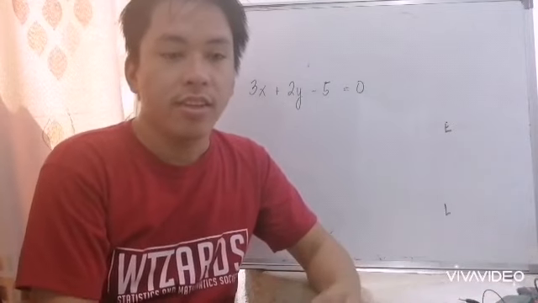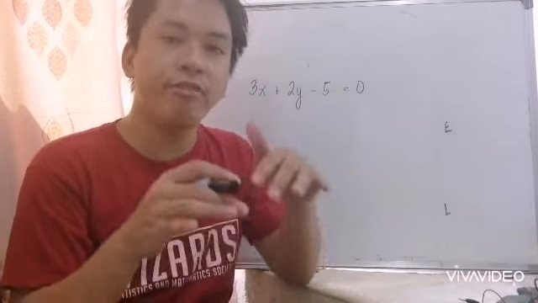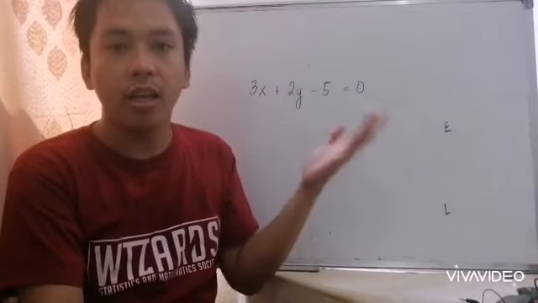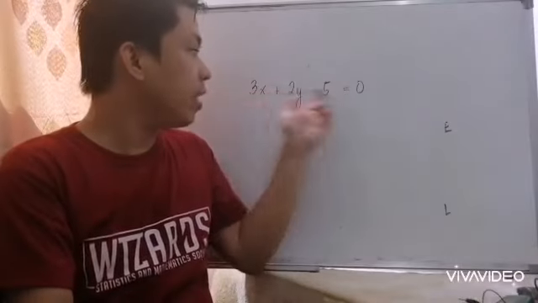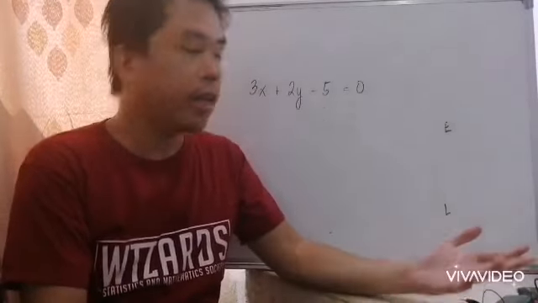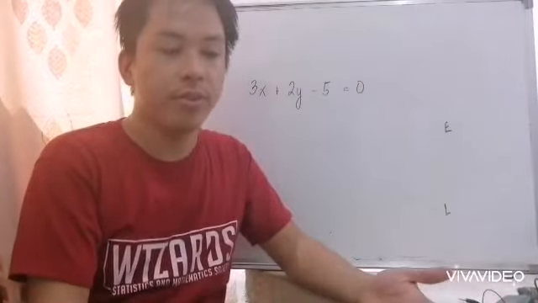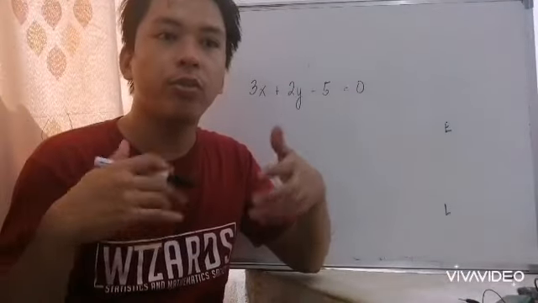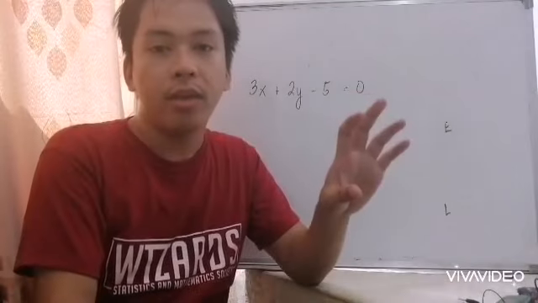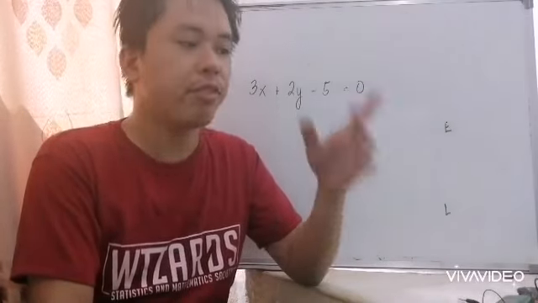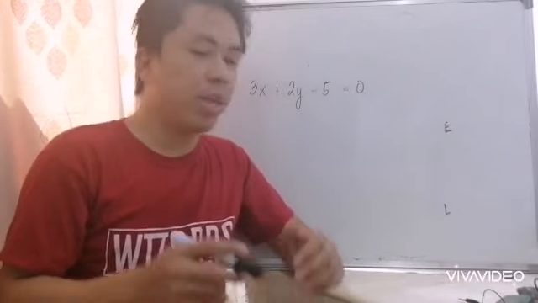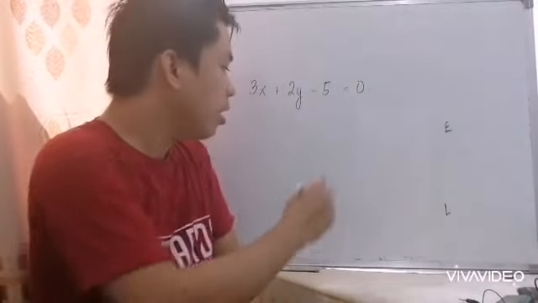So the last part of the video was that we are going to evaluate parallel and perpendicular lines with 3x plus 2y minus 5 equals 0. Before we start, we're going to first know what those parallel and perpendicular lines are. As we can see back in our elementary days, we have basic geometry.